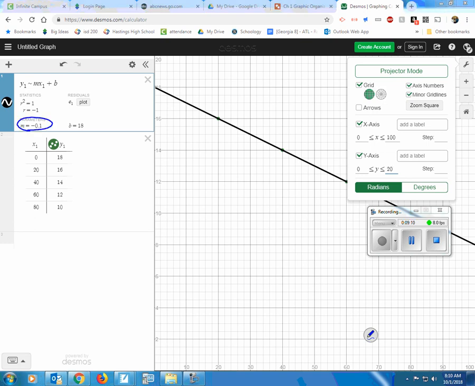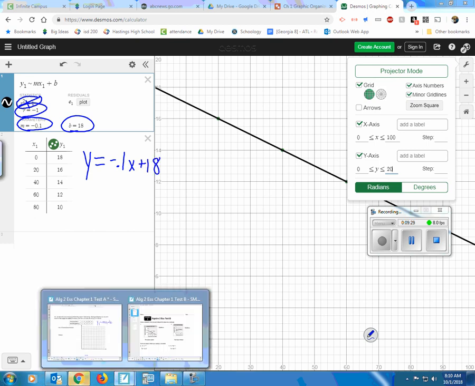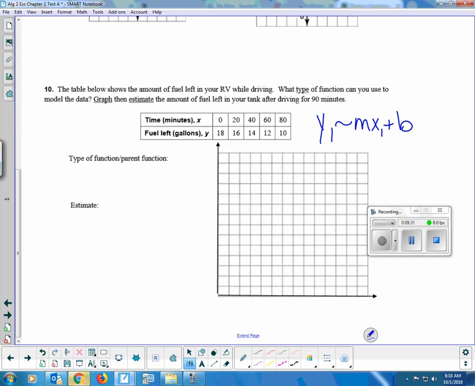Here's our M, here's our B, and here's our correlation coefficient. So it should be y equals M, which is negative 1/10 x plus 18. And if we go back, what type of function is that?